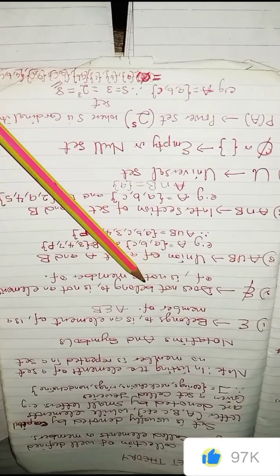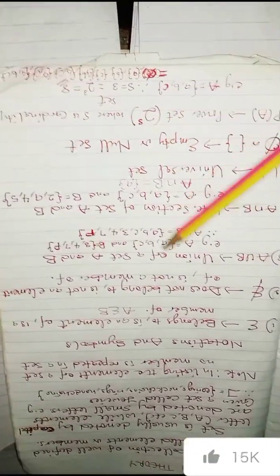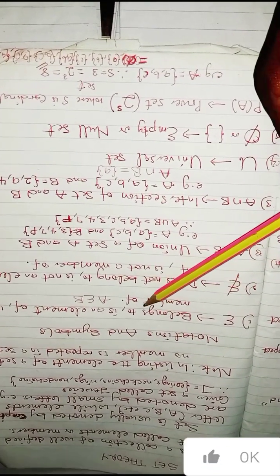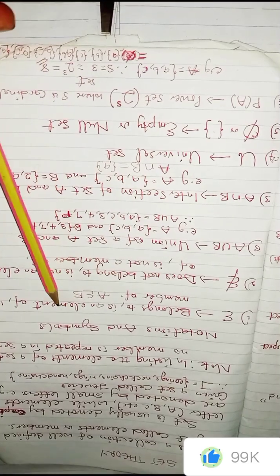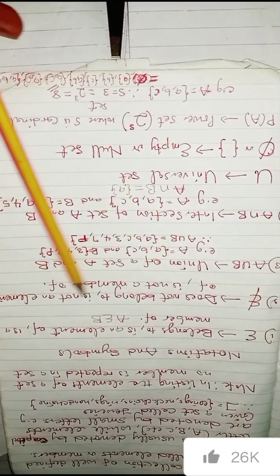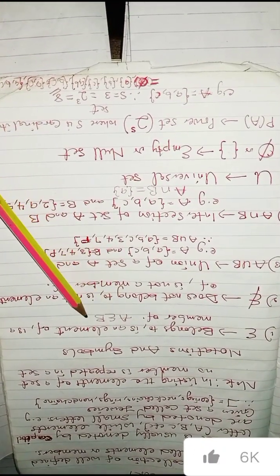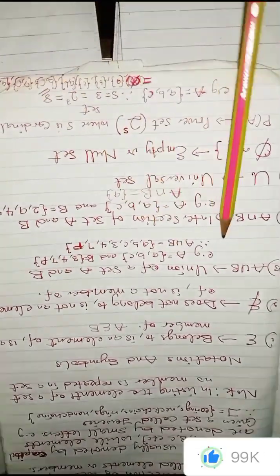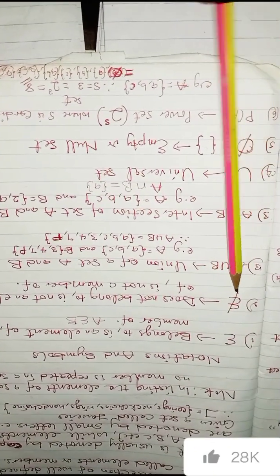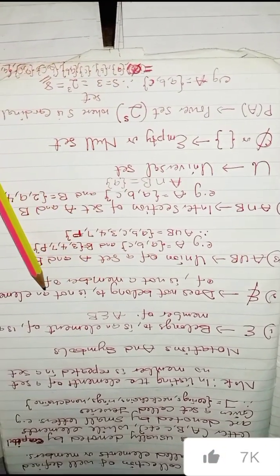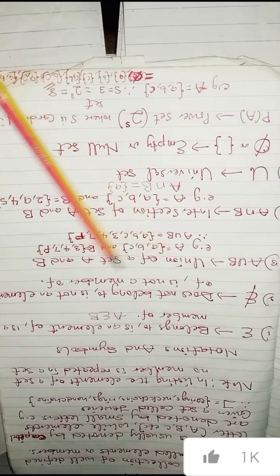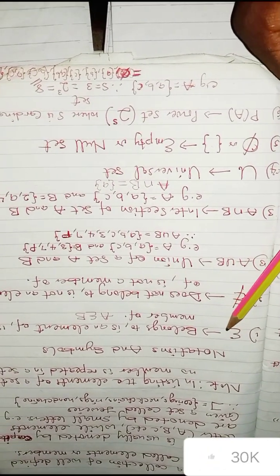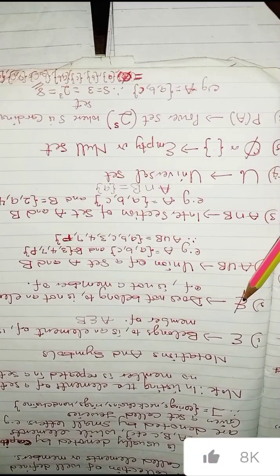Anywhere you see this sign, it denotes belongs to. For example, A is a member of B, A is an element of B, A belongs to B. Then you have this sign with a stroke, which means does not belong to, is not an element of, is not a member of. So the first notation is the opposite of the second notation.